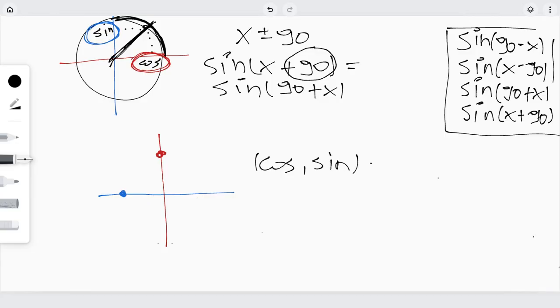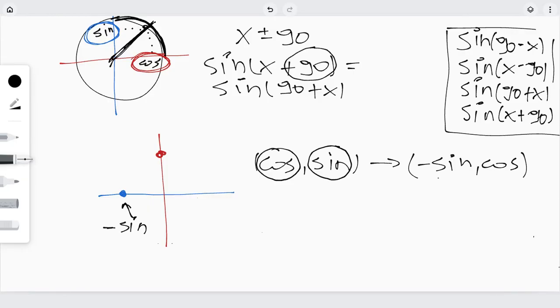And we can now see that they have become negative sine, cosine. Why? Because this cosine here, which represents the x-axis, now holds this blue sine, and also it's on the negative side, so it has a negative sign. And this sine over here, which represents the y-axis, now holds this red cosine.